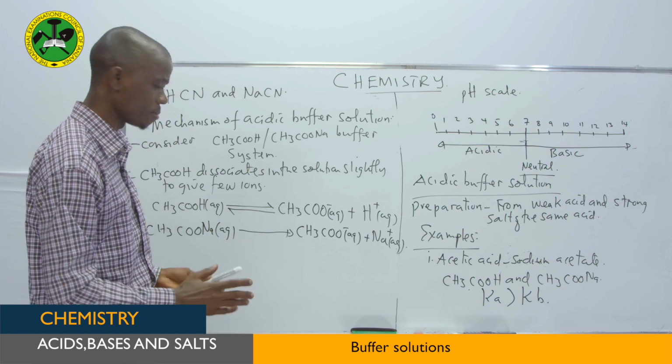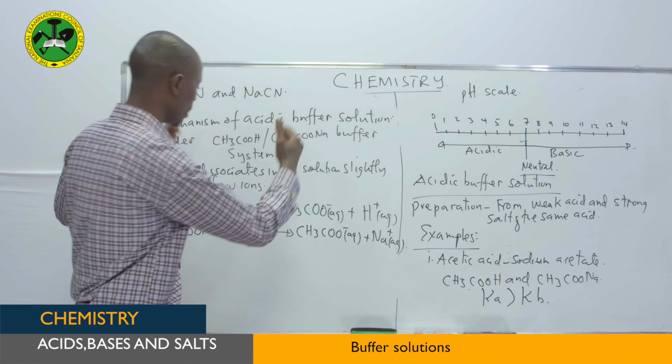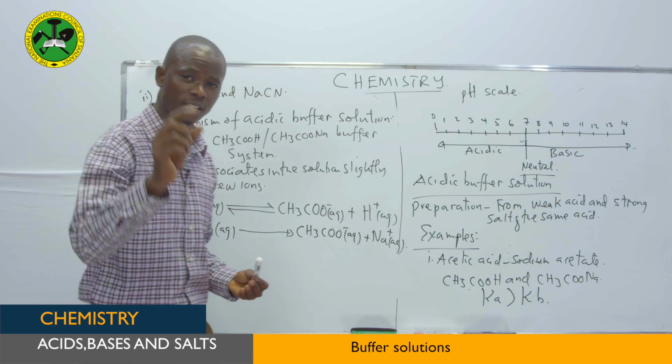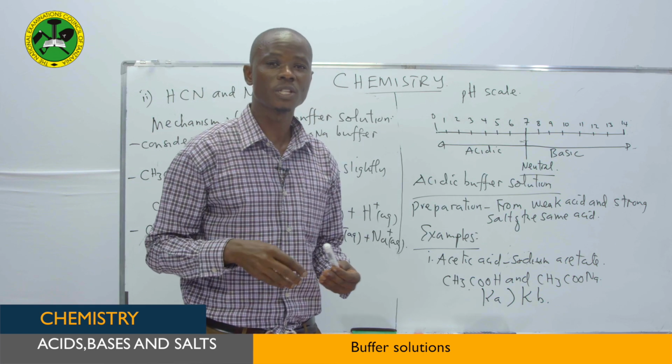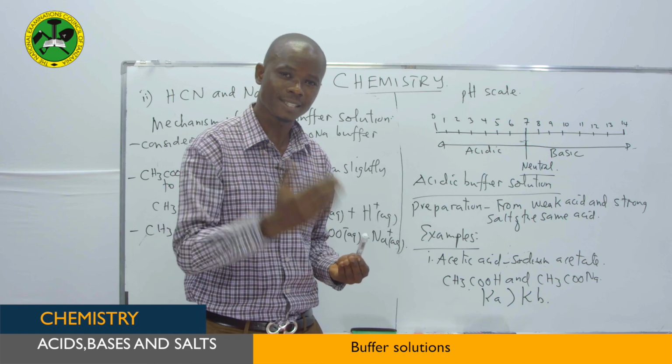Now, the second question comes. This is the system. It is already in the equilibrium. Now, the question comes, when an acid is added to that buffer mixture, what will happen? That is the question.